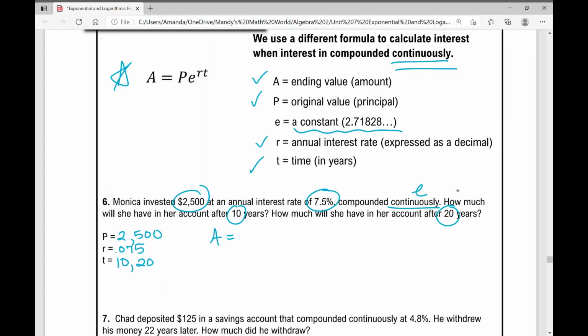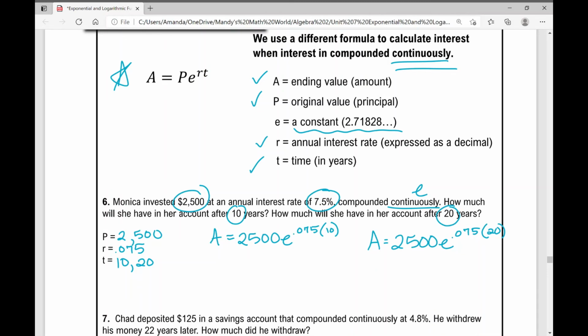A equals 2,500 times e to the power of 0.075 times 10. Then I've got A equals 2,500 times e raised to the power of 0.075 times 20. I'm using this formula because of that word continuously. It's compounded continuously.